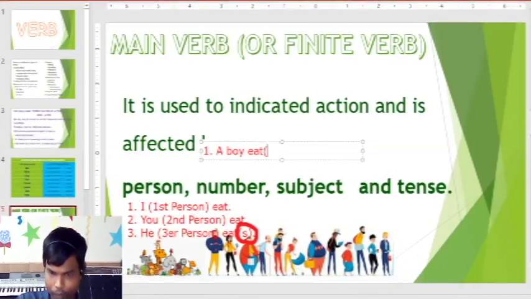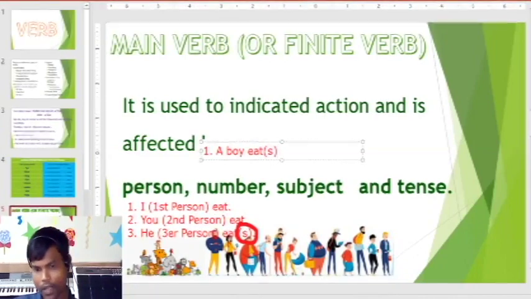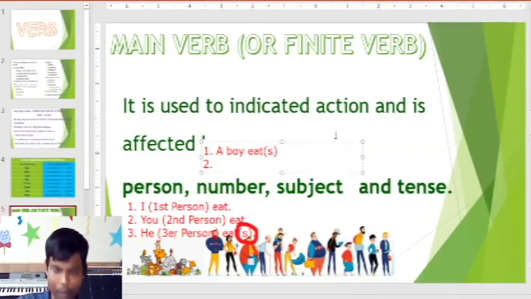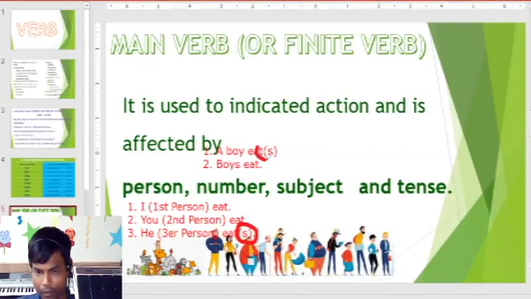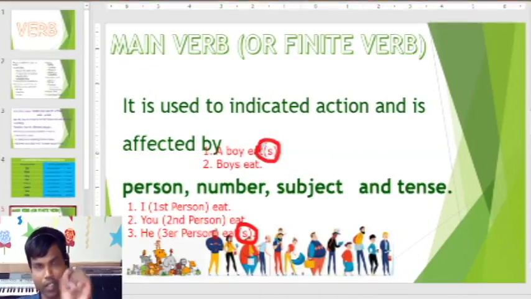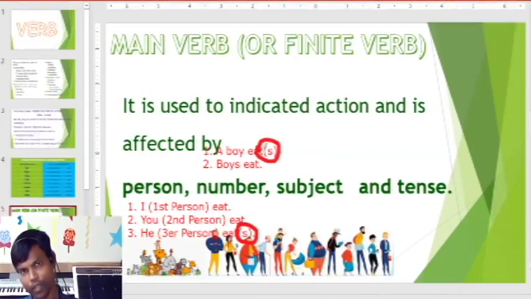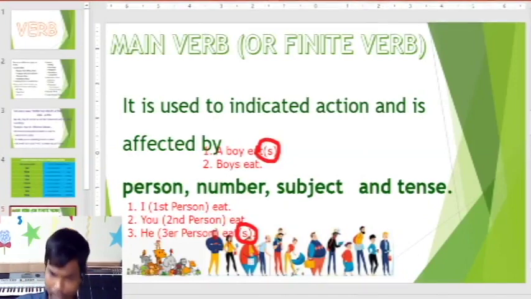Eats. Did you say? A boy eats. Next example, boys eat. So number affects a verb. Singular number is affecting. This we will study further when we talk about tense.